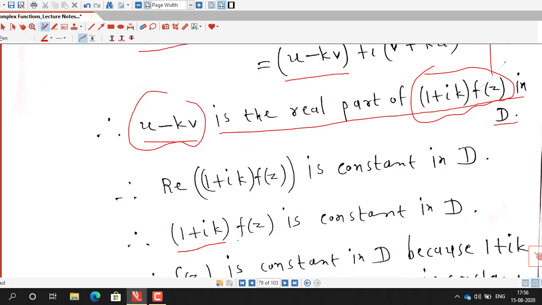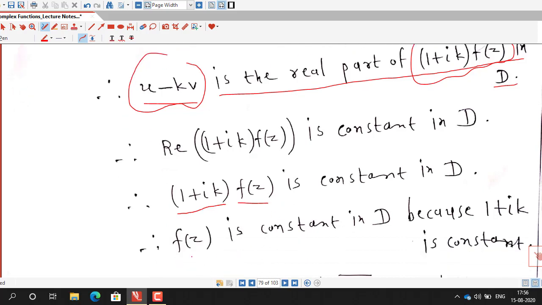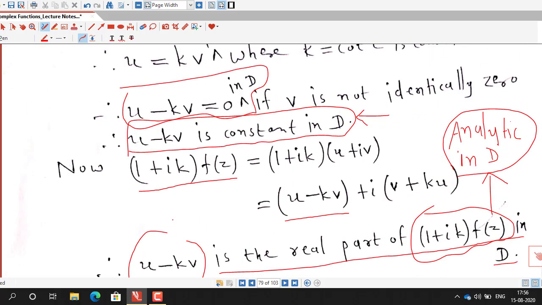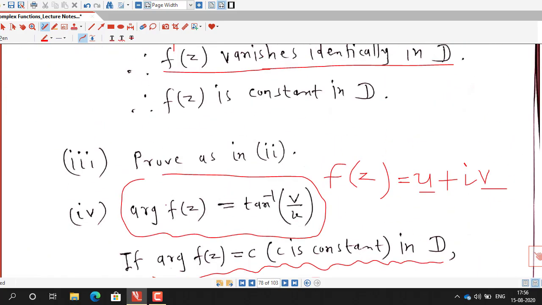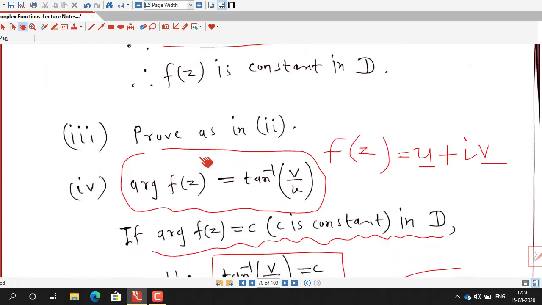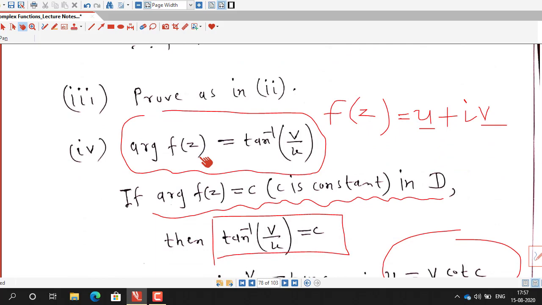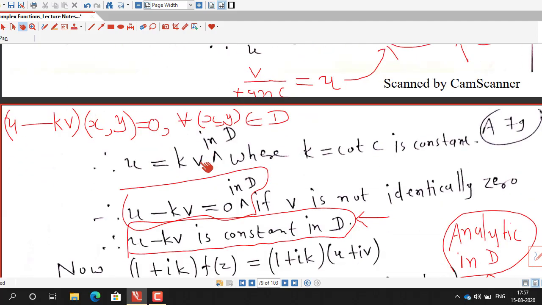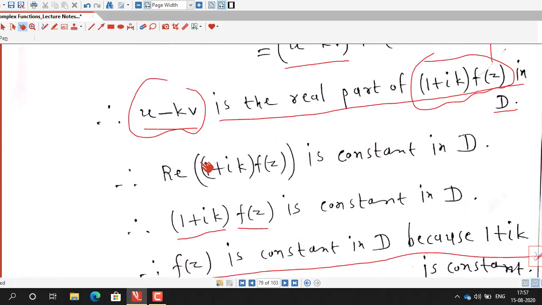So 1 plus ik into f of z is constant if and only if f of z is constant in a domain D. So this proves that if the argument of f of z is constant in a domain D, and if the function is analytic in a domain D, then the function itself is constant in a domain D. Okay, so this is a very interesting and constructive example.